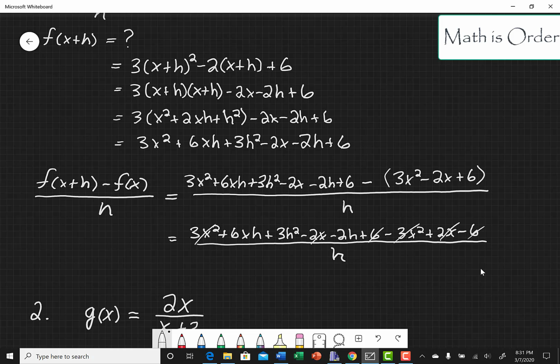And it looks like we are left with 6xh plus 3h squared minus 2h all over h. And when we divide h throughout each of these terms in the numerator, we're going to have 6x plus 3h minus 2 as our final answer for the difference quotient.